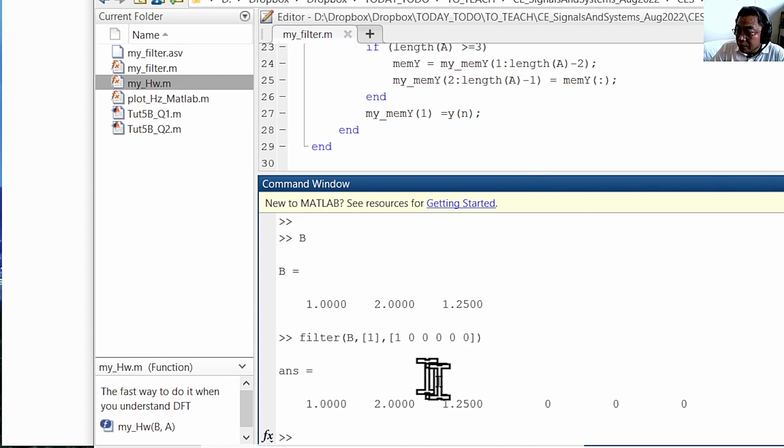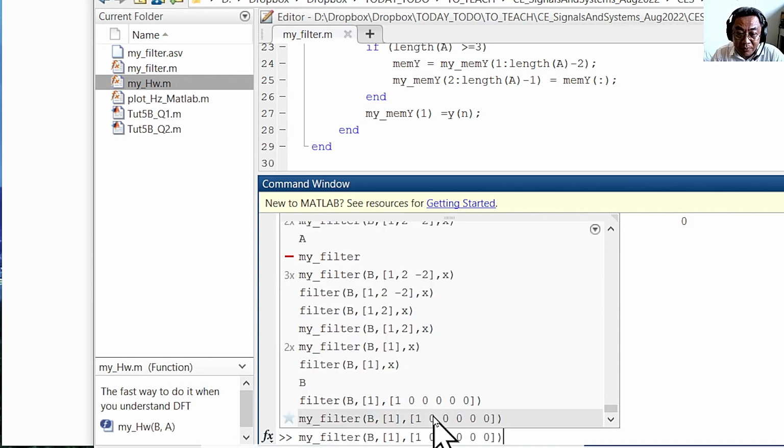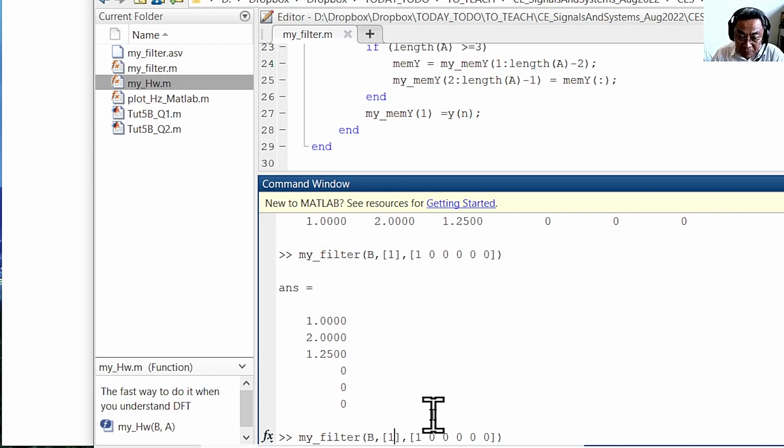So I also wrote my filter, and then I'm going to see what my filter does. It also returns the same 1, 2, and 1.25 with the rest of the zeros. So just to be sure that my function is correct, I'm going to change the A to have some feedback, 1, 2, and 3.